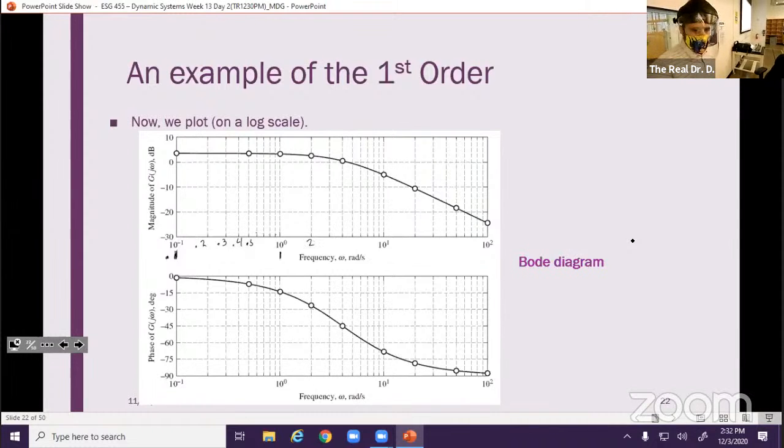The next tick marks, 2, 3, 4, 5, 6, 7, 8, 9, 10 to the 1 is 10, 20, 30, 40, 50, 60, 70, 80, 90, 100. If you want to go to 10 to the third, it'd be 100, then 200, 300, 400, 500, 600, 700, 800, 900, 1,000.